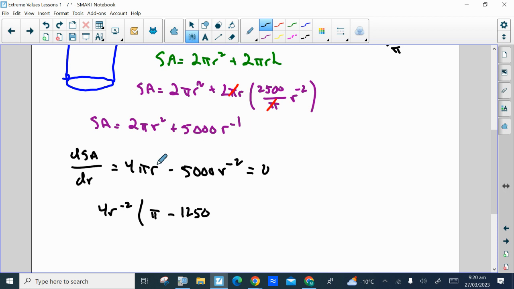Whoops, that's not right, because when I divide the r's, r to the 1 divided by r to the negative 2 will be r cubed. So I need to fix that. Minus 1,250.